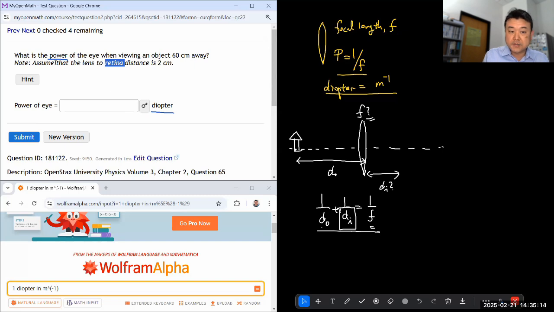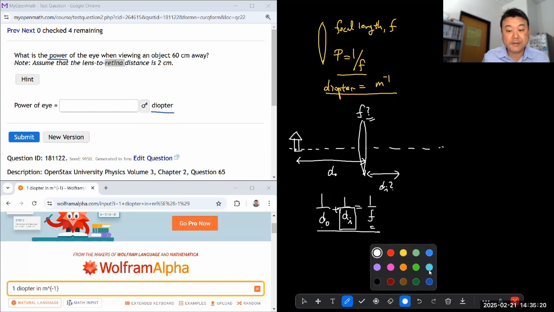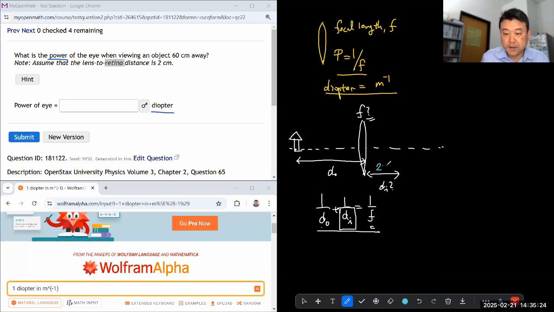So by telling us the lens to retina distance is 2 centimeters, the question is telling us directly that at 2 centimeters away the image forms here. And the focal length of the lens of the eye is whatever it needs to be so that this happens.